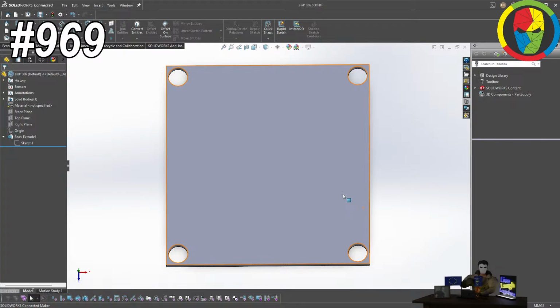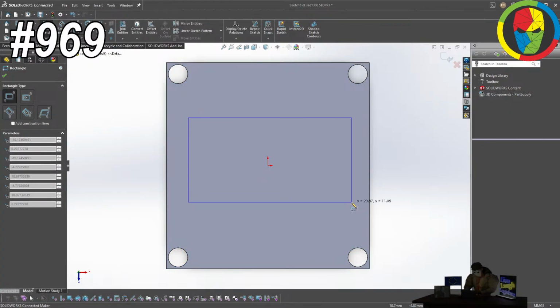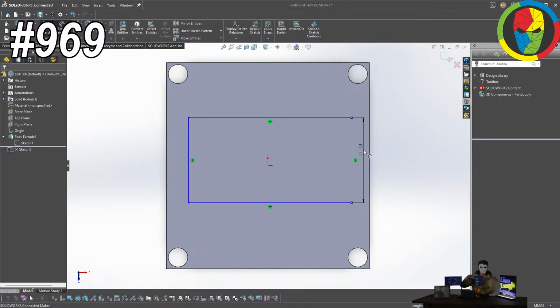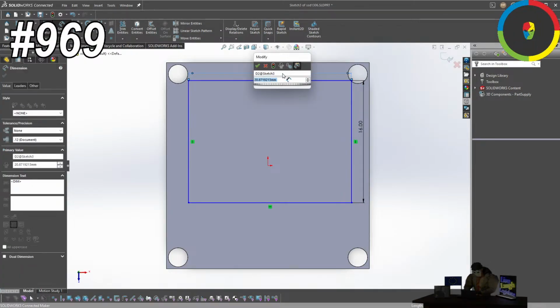19, 18, 17, 16. 16 by 24. Remember those numbers again: 16 by 24. Okay, you don't have to remember them anymore. 16 by... Oh, that feels wrong.